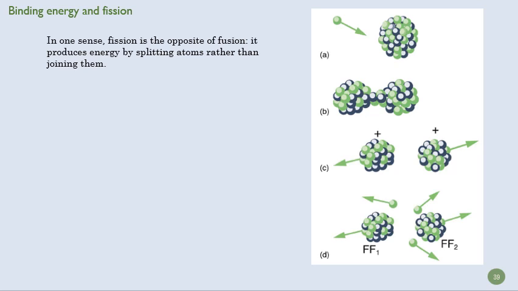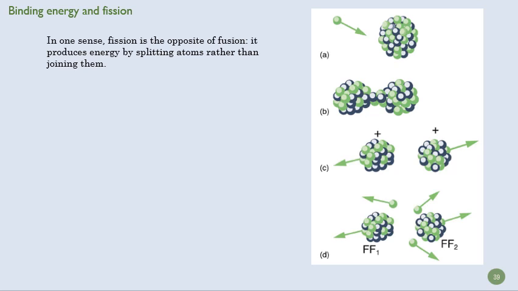Fission works in a similar way, except it's on the flip side of that binding energy per nucleon chart. If you remember, that chart looks sort of like this, right? Or rather like that. Fusion tries to take two small molecules with low binding energy per nucleon and join them together to be mid-sized.